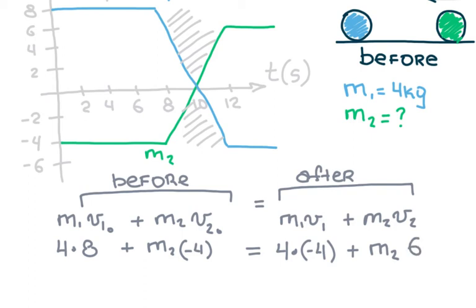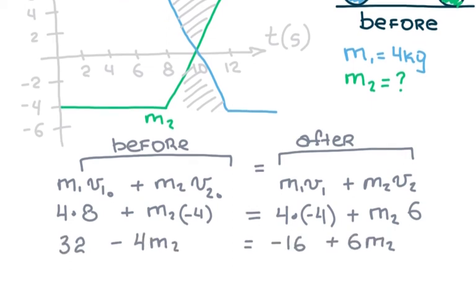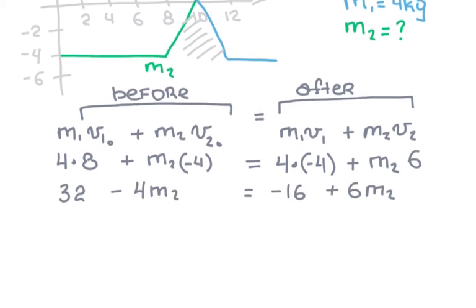So from here I can find what M2 is equal to. I'm going to move all of my M2 to one side, so I'm going to have 10 M2 on this side and 48 on the other side. So the mass of the second ball is 4.8 kilogram.